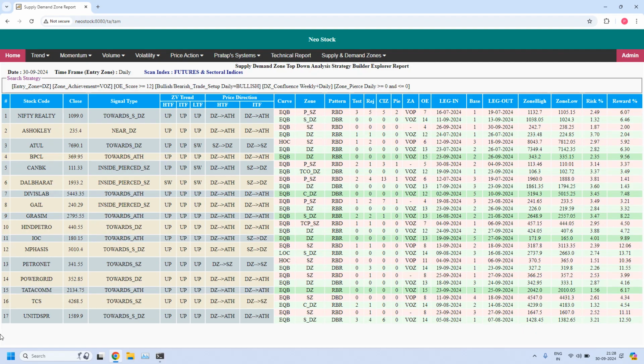So high probability setup. To further improve the probability, let's verify how many of these zones have ITF confluence. Actually, the zones you are seeing are LTF zones, because all these LTF zones are part of the ITF zone. If the ITF zone trend is uptrend in all this, because it is bullish trade setup, and if it is having weekly EMA confluence, they are high probability setups.